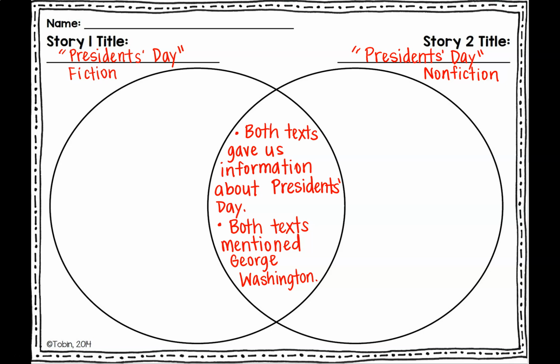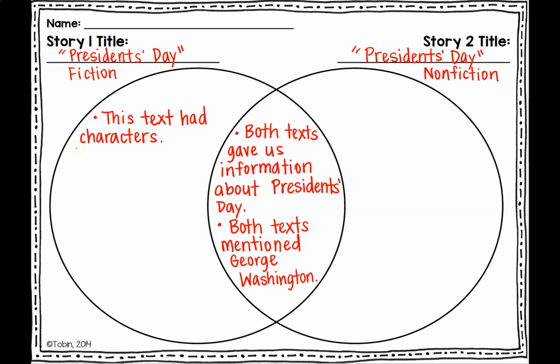Now let's talk about how they are different. So let's think about our fiction story. Remember we talked about some of the differences that made a text fiction or nonfiction. Okay, so let's think about something a fiction story has to have. They have to have characters. So this text had characters, because the nonfiction book did not.